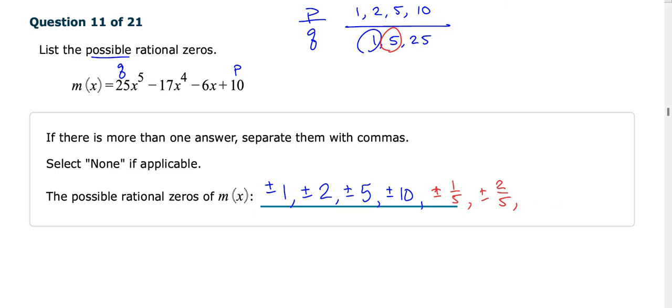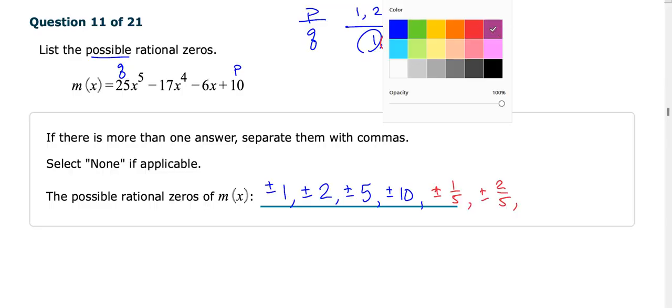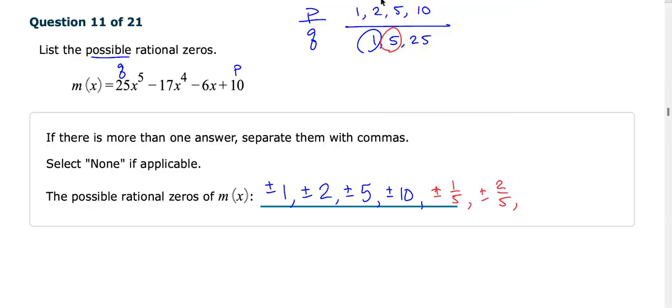All right, last but not least, we need to write all the factors of p over 25. So I get plus or minus 1 over 25, plus or minus 2 over 25, plus or minus 5 over 25, but wait, that reduces to 1/5 and we already have it.